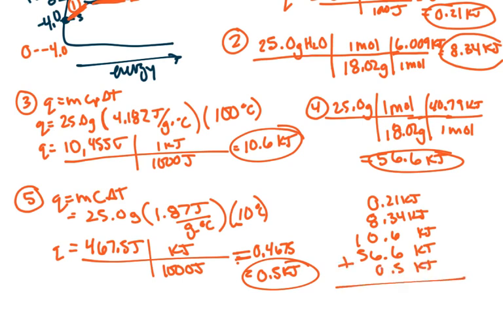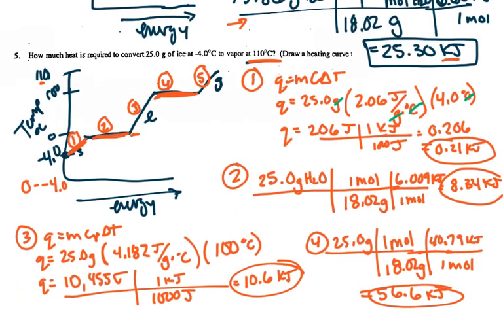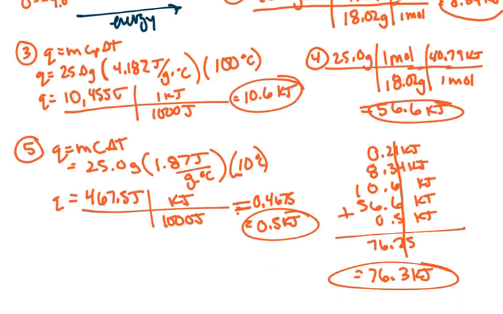So I'm going to add all of those together, and I get 76.25, but my last significant place is that 2. So my answer will be 76.3 kilojoules. That's how much energy it took us to go all the way from -4 degrees to 110. All of those 5 steps added together. So that would be your final answer for number 5.